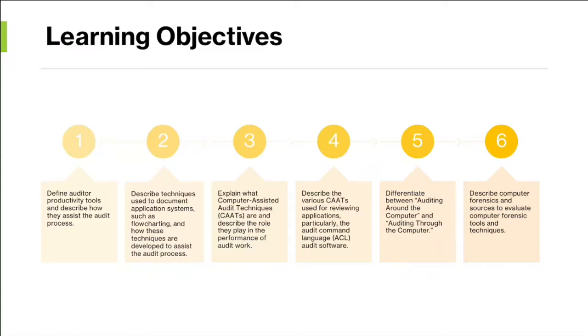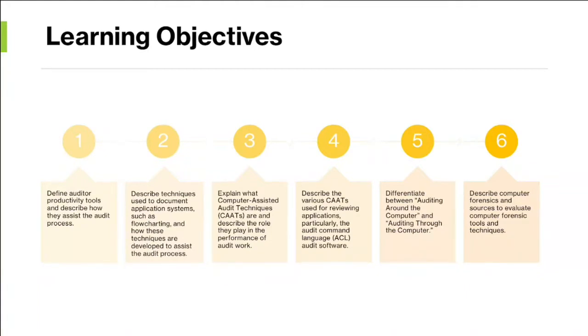2. Describe techniques used to document application systems such as flow charting and how these techniques are developed to assess the audit process. Number 3. Explain what computer assisted audit techniques or CAATs are and describe the role they play in the performance of audit work. 4.